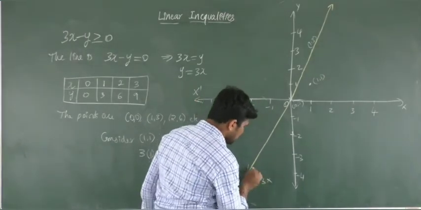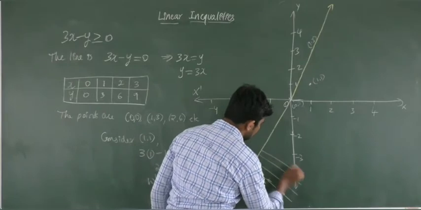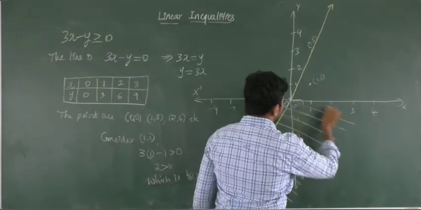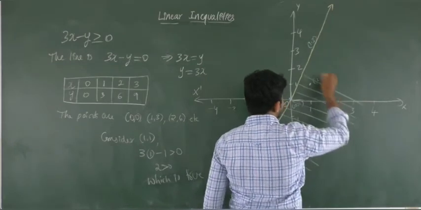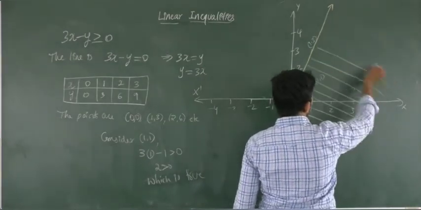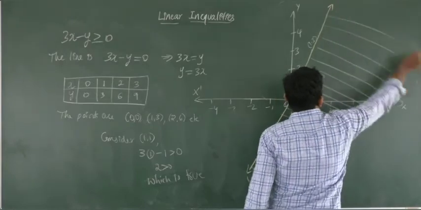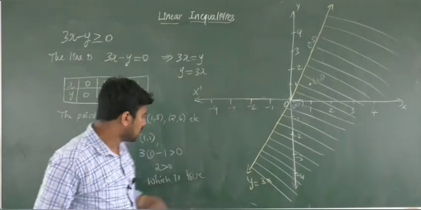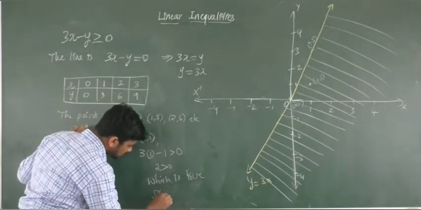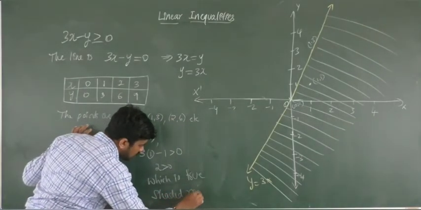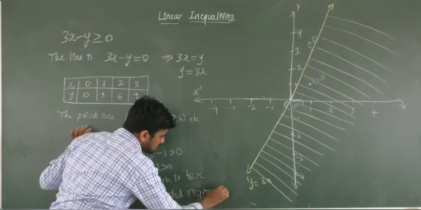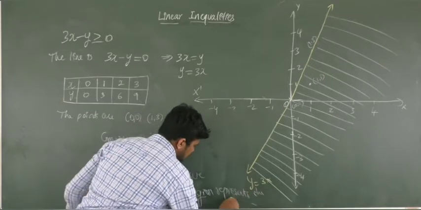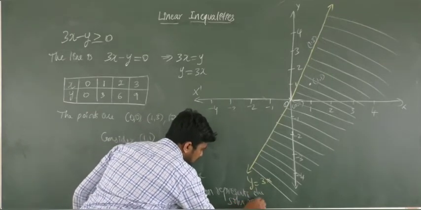Okay, now just show the solution region by drawing lines like this or by shading it. You can shade using your pencil also. Okay, so clearly we can say the conclusion: the shaded region represents the solution region.